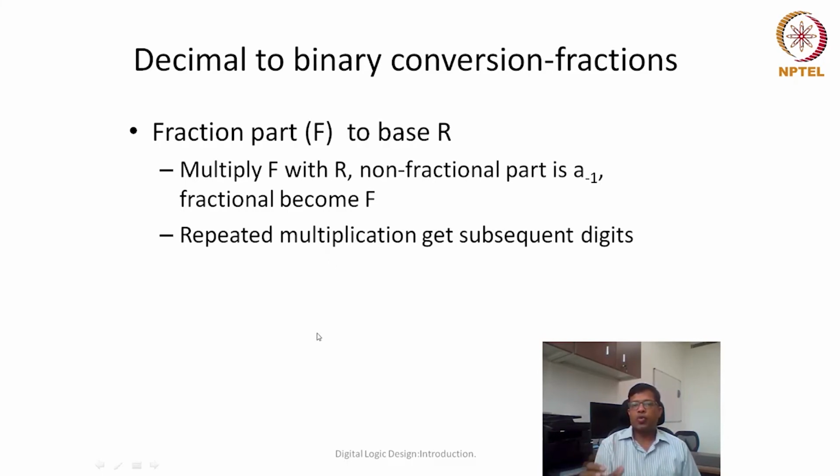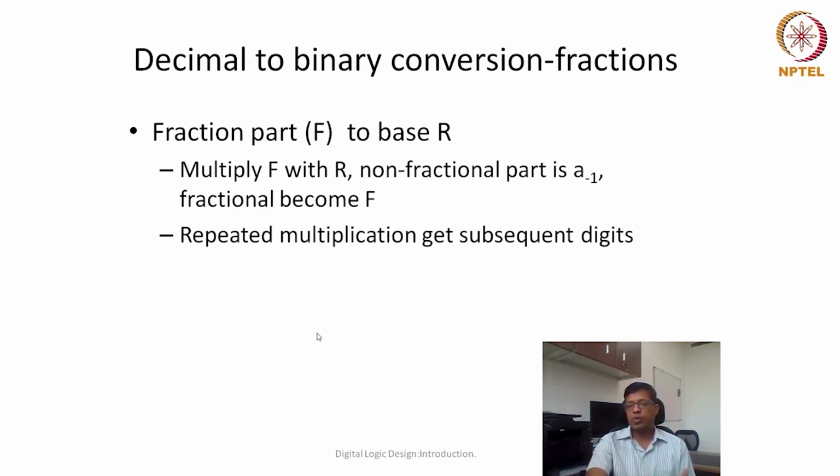For a fraction, we keep on multiplying the number with the base r, and whatever non-fractional part we generate will become a minus 1, and the subsequent digits we keep on getting by repeated multiplication, where the non-fractional part is the next digit. Let's see it with an example to make things clear.